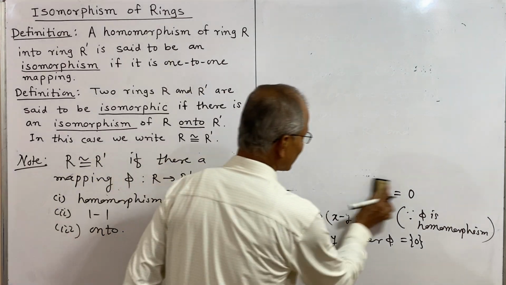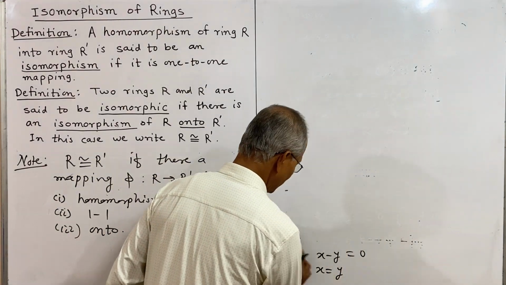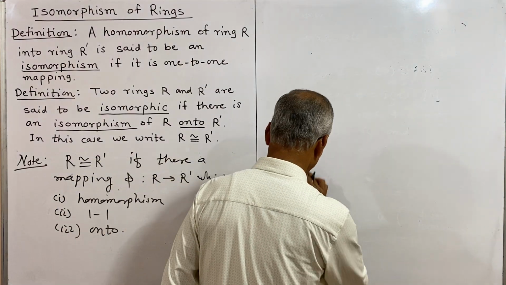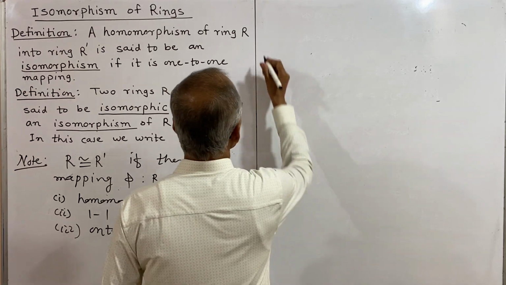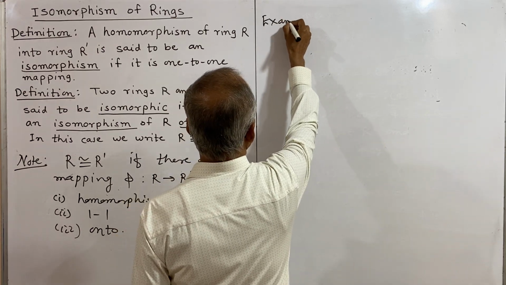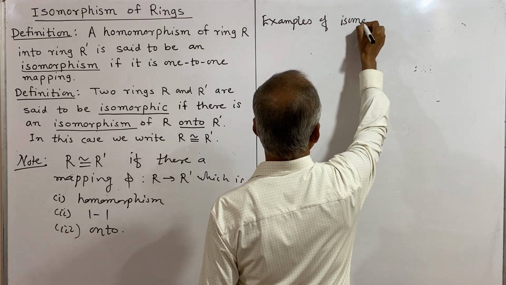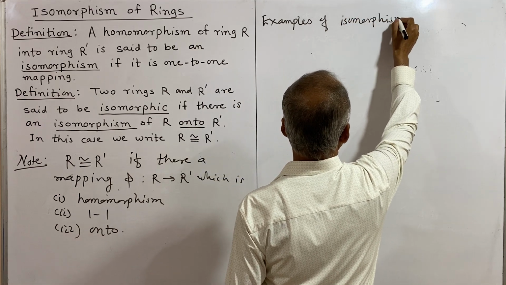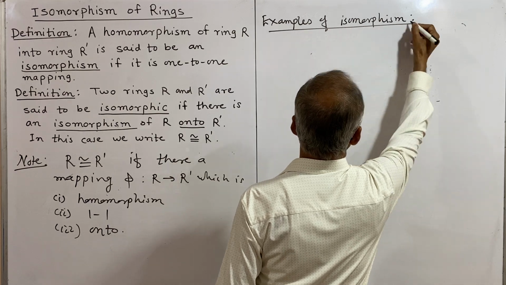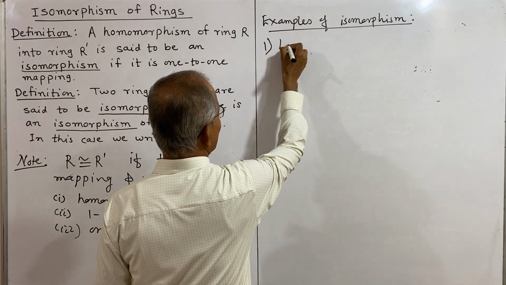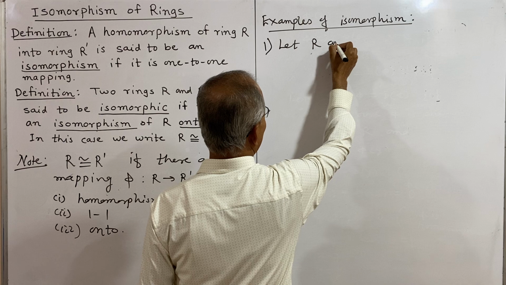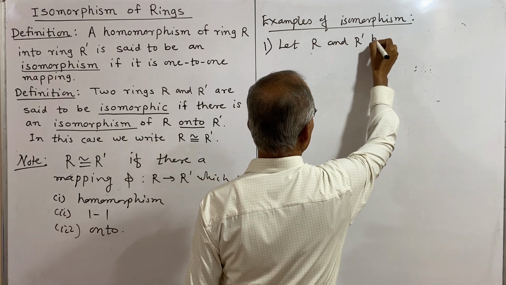Now, a simple example of isomorphism is the identity map between two rings. So, examples of isomorphism. Let R and R prime be two rings.